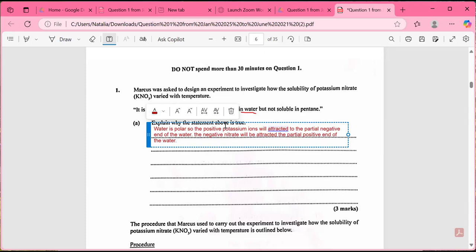So why is it not dissolving in pentane? The pentane is nonpolar, so it cannot bond with the potassium and nitrate ions.